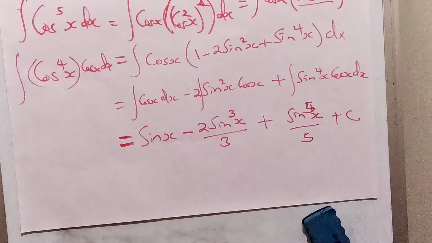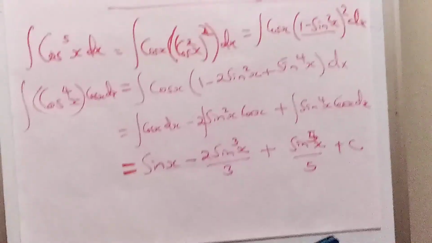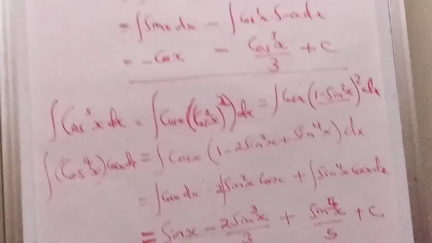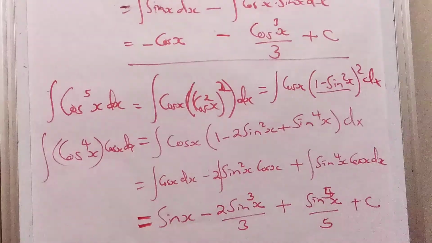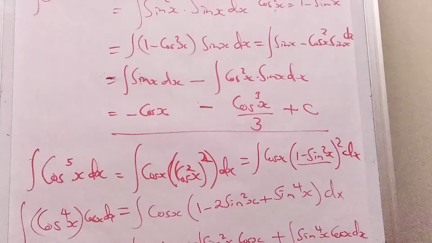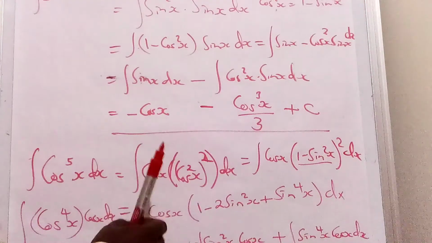This reminds me of the other one, where someone differentiated the cos cubed of x to get cos squared x sine x.